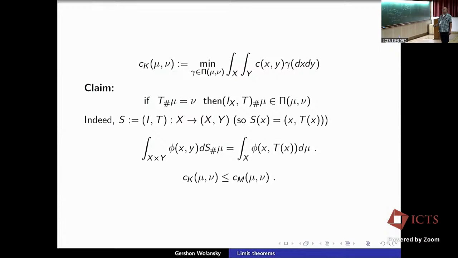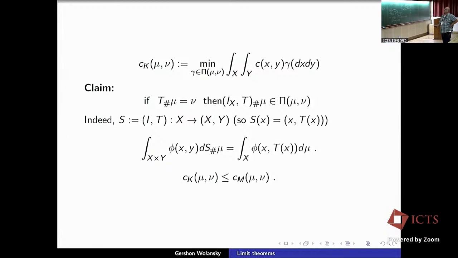If we have a mapping T which pushes mu to nu, then according to the definition of a push forward, if you consider the map which acts as the identity on the first component and T on the second component, and push mu forward by it, this will be a measure in this set pi mu nu.